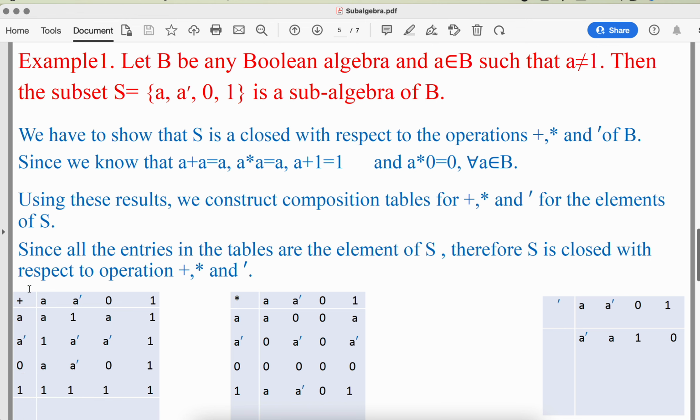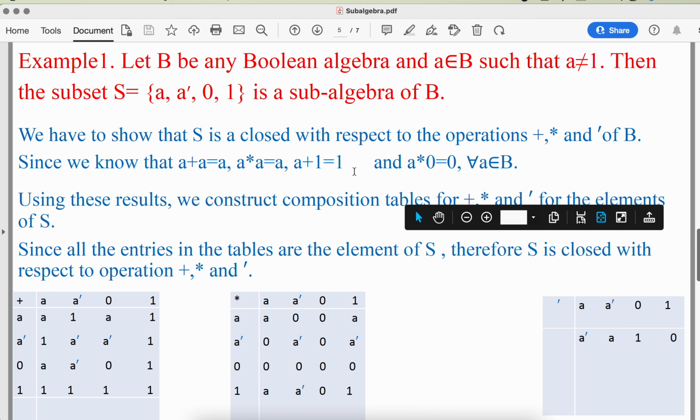Now, the plus table: A dash plus A is 1, A dash plus A dash is A dash, A dash plus 0 is A dash, and A dash plus 1 is 1. 0 plus A is A, 0 plus A dash is A dash, 0 plus 0 is 0, 0 plus 1 is 1. 1 plus A is 1, 1 plus A dash is 1, 1 plus 0 is 1, 1 plus 1 is 1. I have made use of these identities.